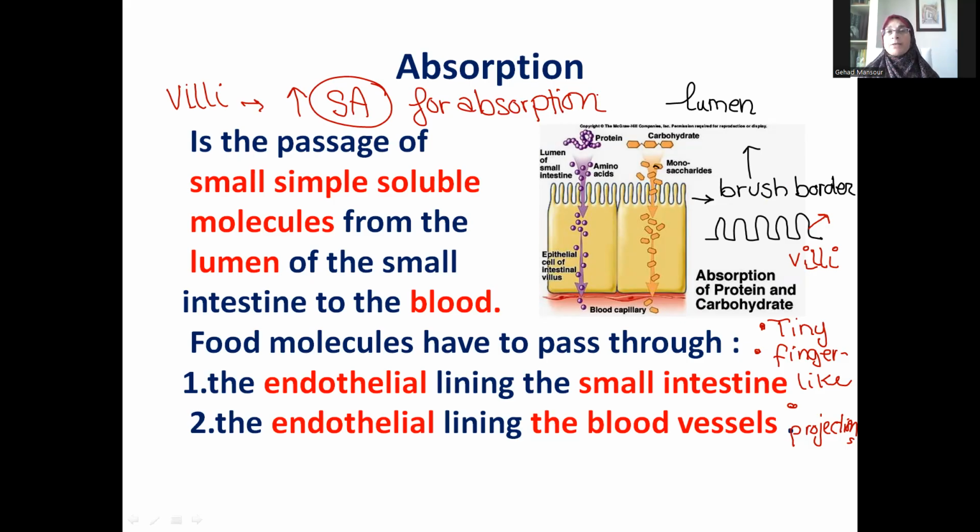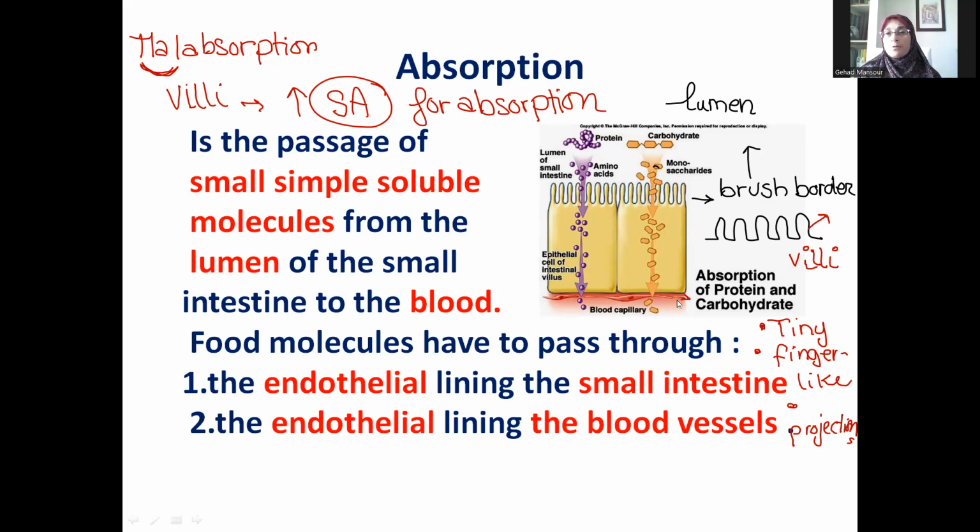On the other hand, if you have an autoimmune disease or a medication that destroys those villi, then you are going to have difficulty in absorption or bad absorption, which we call malabsorption. Because you know that mal in French, or mauvais, means bad. So malabsorption is bad absorption because of absence of adequate amounts of microvilli.